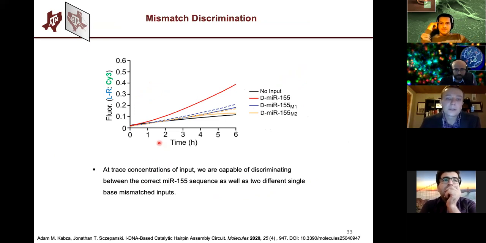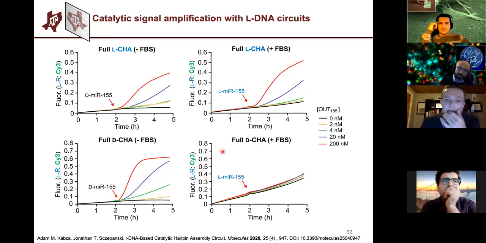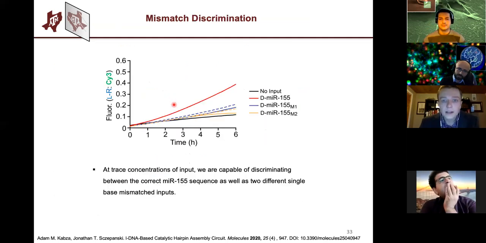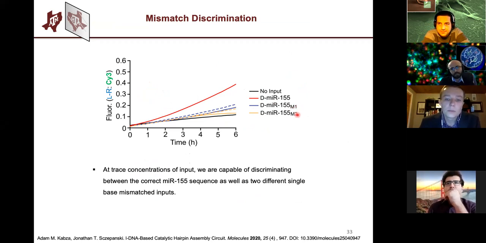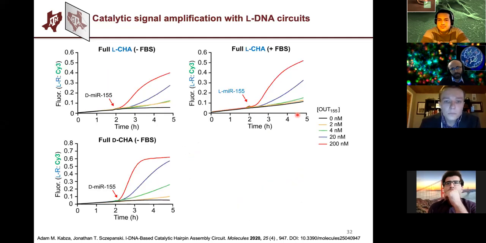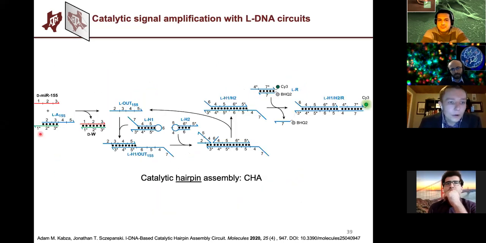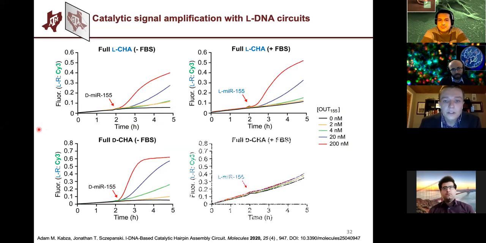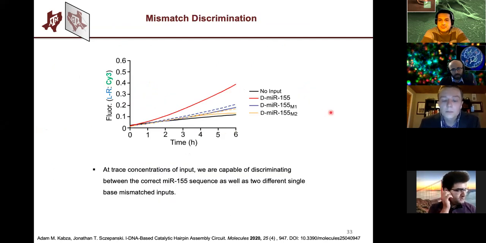We also did an experiment where we attempted mismatch discrimination. So here I've basically taken one of the 4 nanomolar input concentrations and shown that at one of the lowest concentrations where we could still detect a significant signal change, if we have mutant 1 or mutant 2, which basically just in the toehold binding domain here, where this 1 binds to 1 star, I've just made either 1 single point mutation or 2.